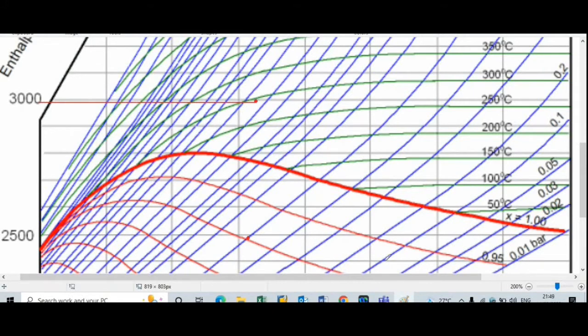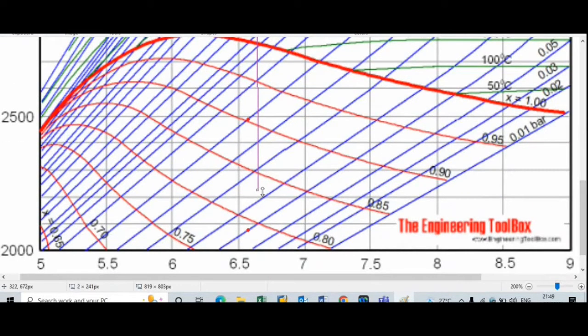So we select the line and draw a straight vertical line passing through this point, and extend it up to a pressure of 0.1 bar. So here is the point that we have selected.